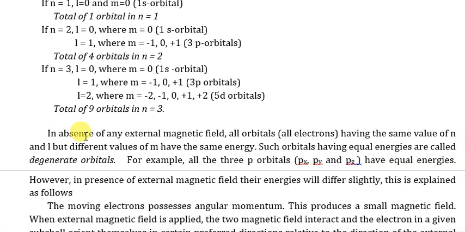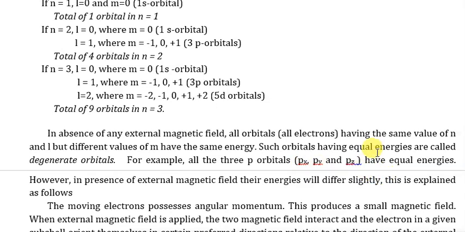So tunachokisema ni kwamba in absence of any external magnetic field, all orbitals or all electrons having the same value of n and L but different value of m, they have the same energy. Kama hatuna external magnetic field, electron zenye value ya n na L moja, yani principal quantum number pamoja na azimuthal quantum number, but they have different values of magnetic quantum number, they have the same energy.